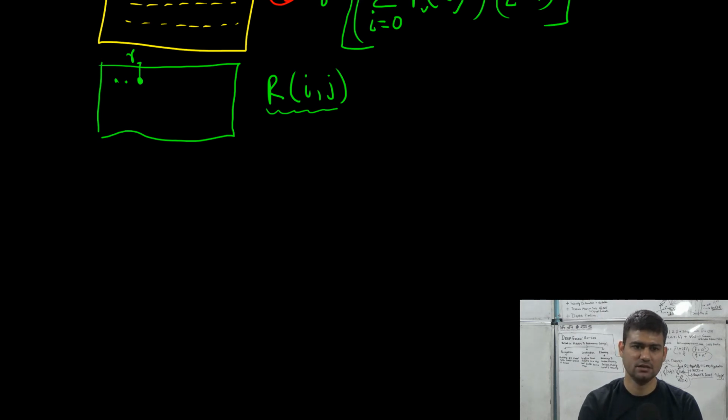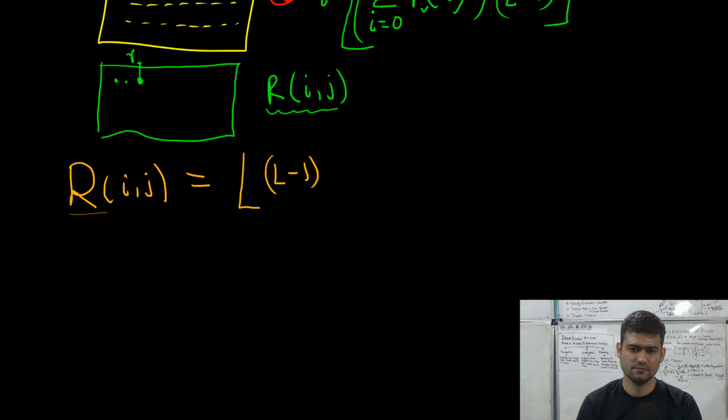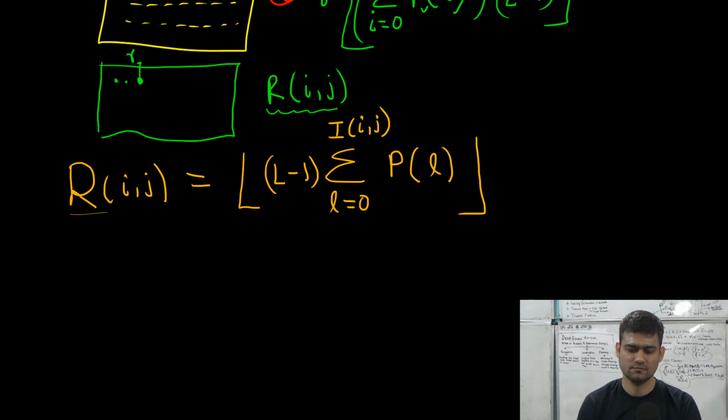We can write it in one line simply as R_ij, the value of the pixel in the resultant image at location i, j, is the nearest integer of L minus 1 into the sum over all L equal to 0 to I of i, j, where I of i, j is the intensity value at location i, j in the input image, of P of L. So this is the entire histogram equalization algorithm written in one line.